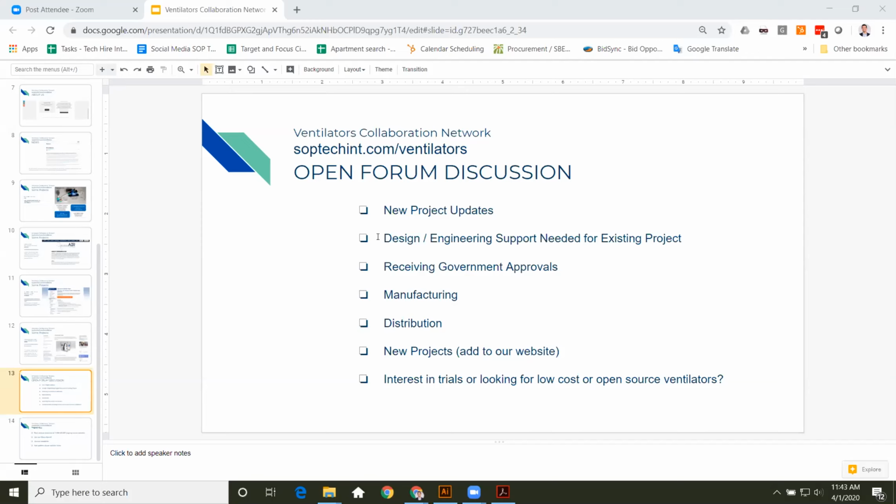Does anybody need design or engineering support for your current project? Have you been struggling to fill some area of expertise so you can move along in your project? Nope. Okay. How about for receiving government approvals?